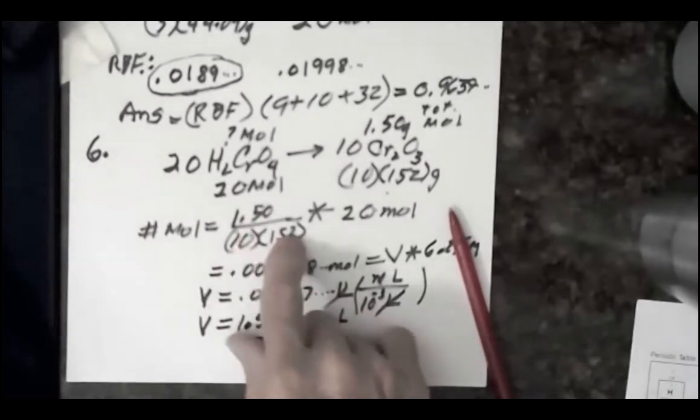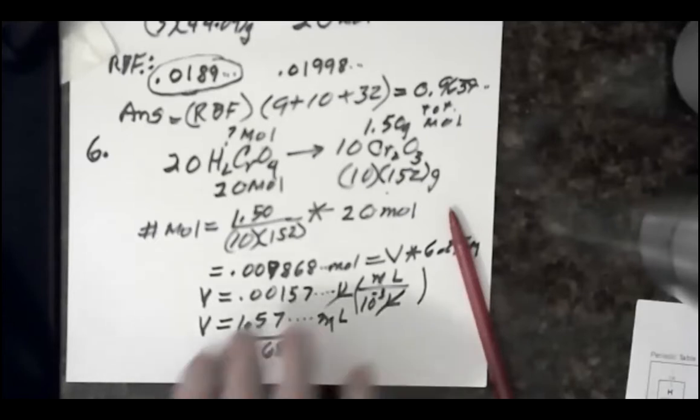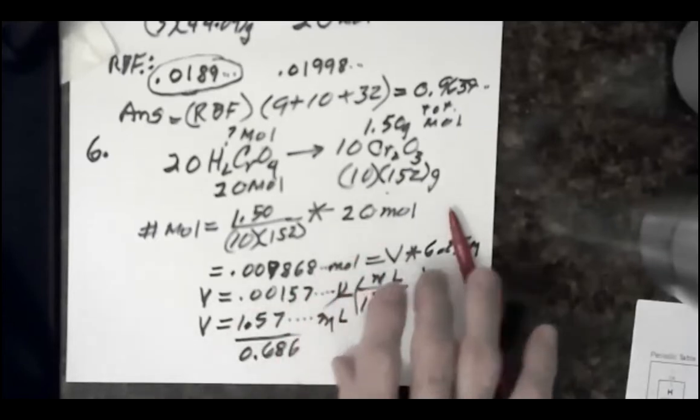1.5 divided by 10 divided by 152. That looks right. Then times 20. Okay, so I've got this number.